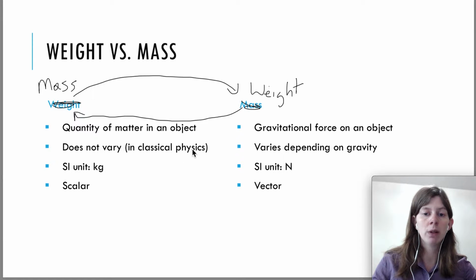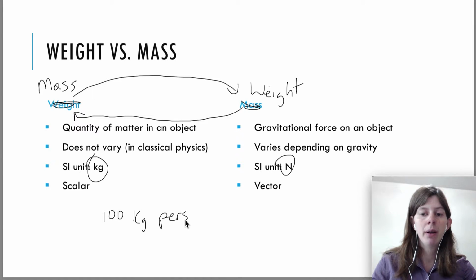One thing that you want to remember is the units. These can actually be very helpful. Let's say that a problem says there's a 100 kilogram person doing all this stuff. By just looking at the unit, you see kilogram, then you know I'm actually given the mass of the person.